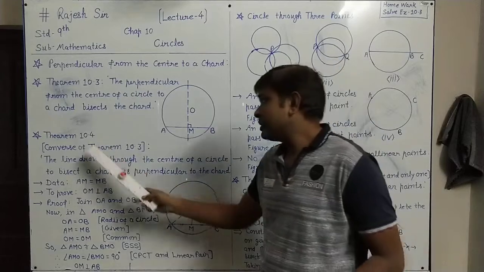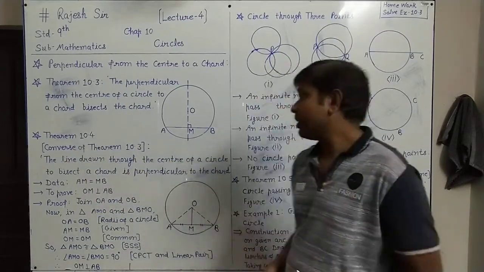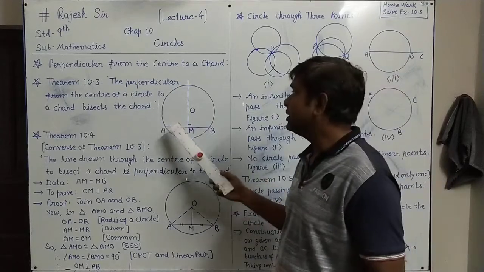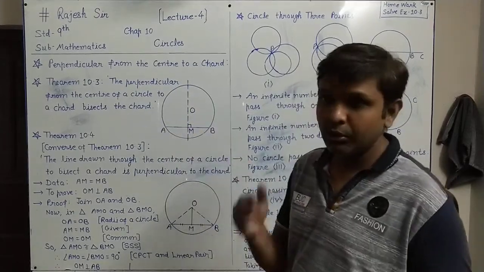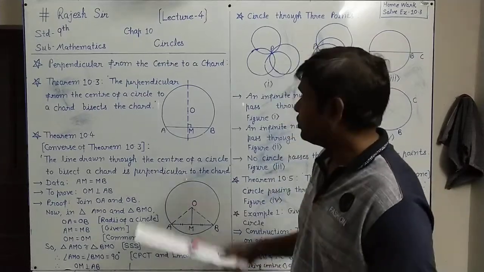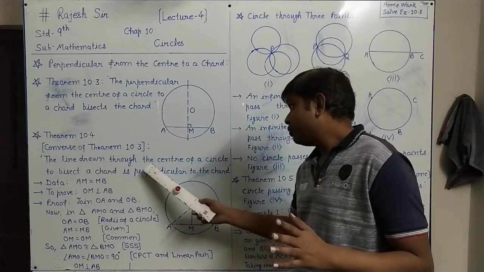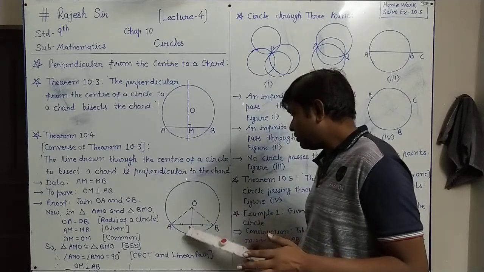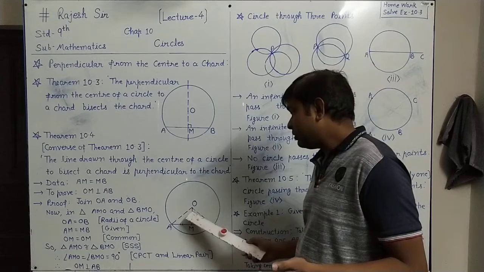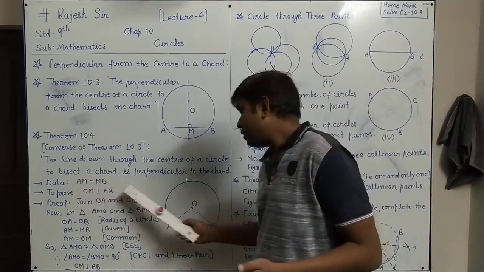Theorem 10.4 is next, and it is the converse of theorem 10.3. In theorem 10.3, we have seen that if you draw the perpendicular through the center to a chord, it will bisect the chord. In this, the line through the center of a circle, like this OM, bisects the chord.